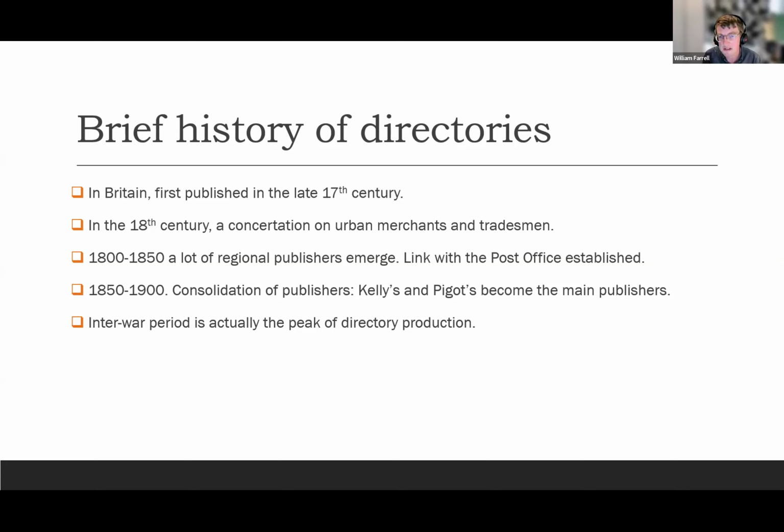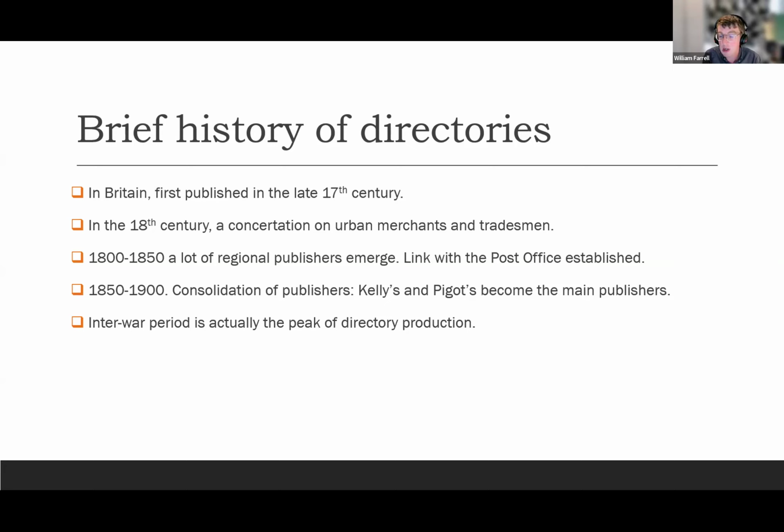In the first half of the 19th century, there is an expansion of publishers and places that directories are being produced about in Britain. So in 1800 to 1850, you get a lot of regional publishers. So there was a feeling that every town and city or every county should have a directory. This is also where the link with the post office in Britain emerged for the first time.